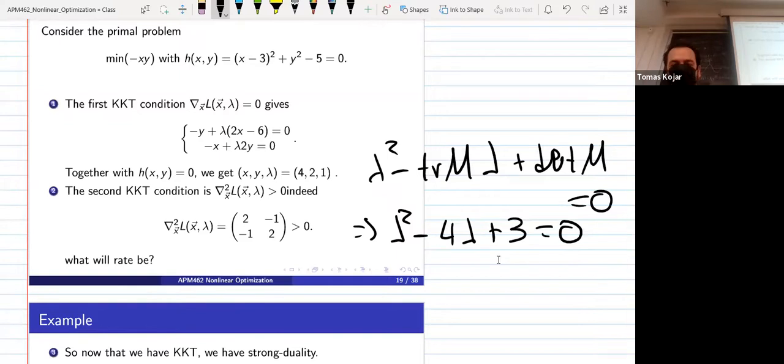Maybe even I have to use Wolfram Alpha. Sorry, what? How do you know?